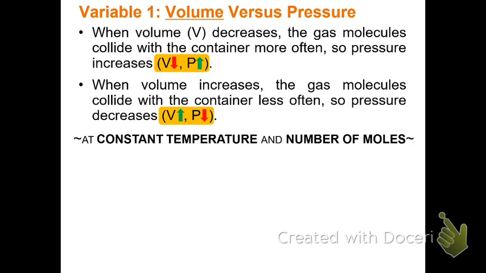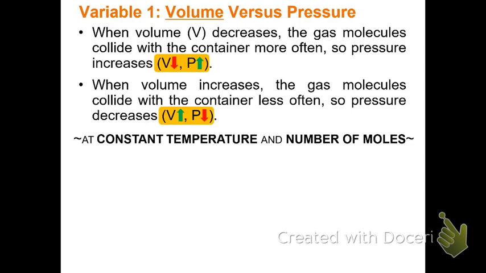Okay, so again, there are three variables that can affect gas pressure. The first one is volume, the second one is temperature, and the third one is the number of gas molecules. Make sure that you remember all these three variables. The first one that we want to look at is volume. How does volume affect pressure?